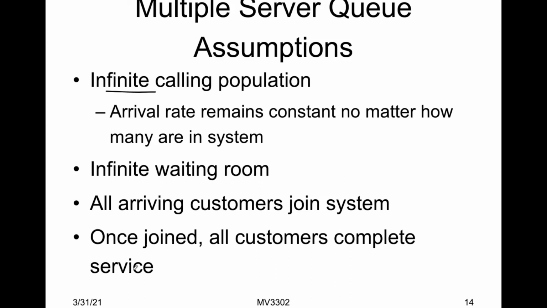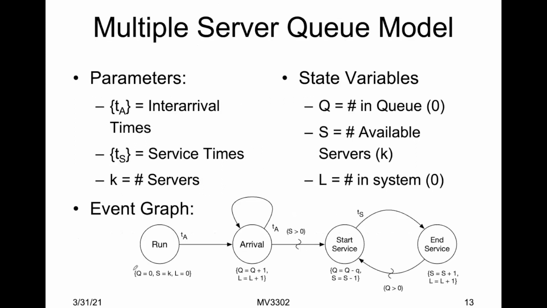So let's say I'm modeling the Safeway on Fremont Avenue. In my model, I can have as many customers in there as I want. And if I'm not careful about how I've defined it, I could have something like 100,000 customers in my Safeway model.